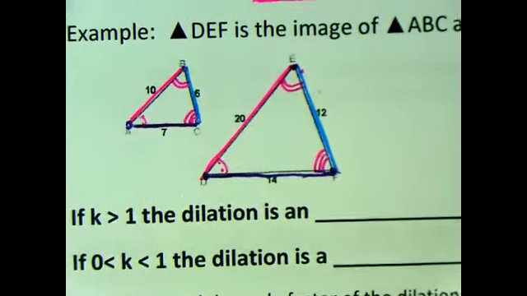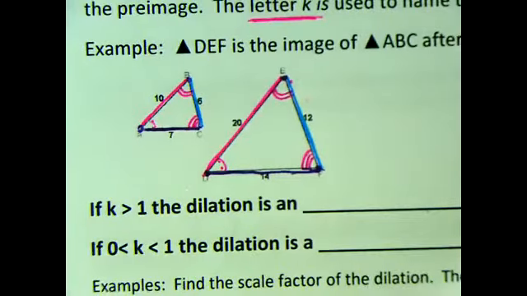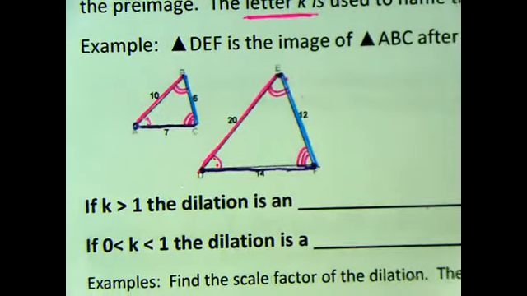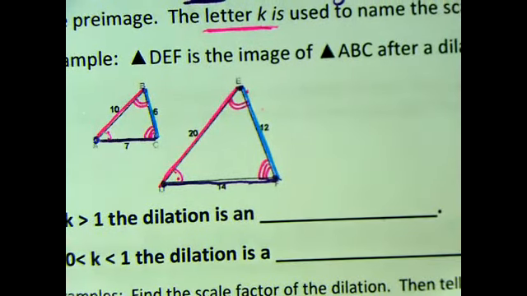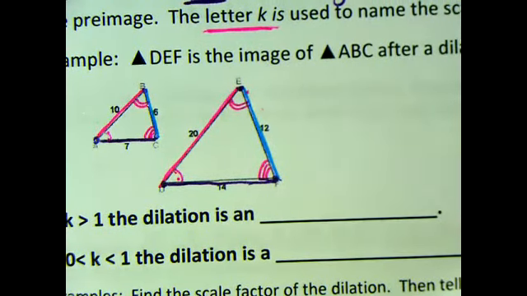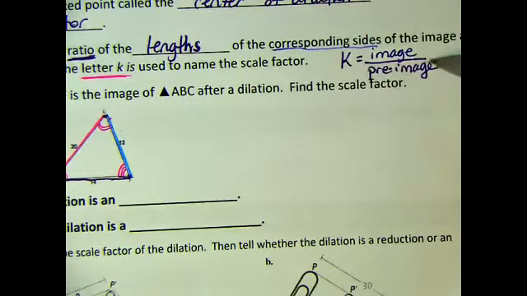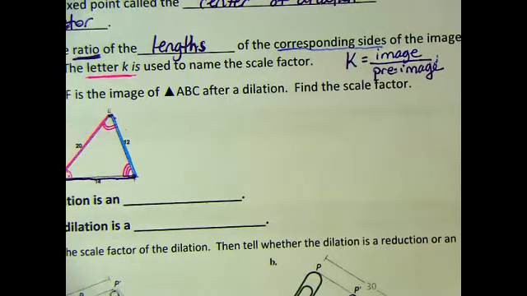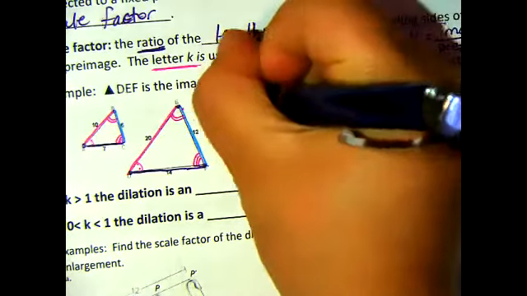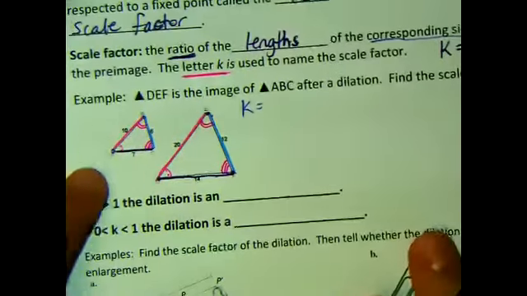Okay. So how does identifying the corresponding sides help me out? Well, if I'm trying to find the scale factor, which I am, I can make a ratio of the corresponding sides and figure out my scale factor. So I can take a pair of corresponding sides.